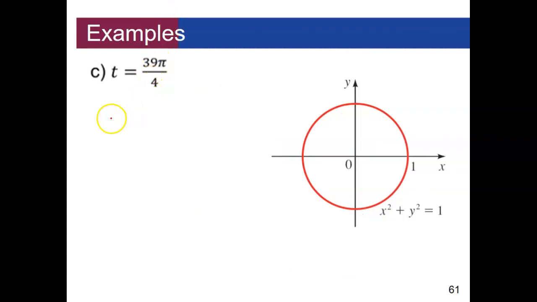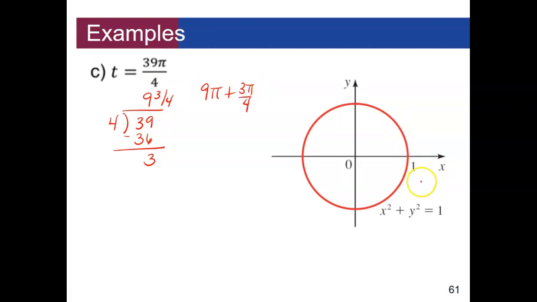Okay, last example, 4 will go into 39. It's going to go in 9 times, so that's going to give me 36 with 3 left over. So this is the same as 9 pi plus 3 pi over 4. So I'm going to do 1, 2, 3, 4, 5, 6, 7, 8, 9.